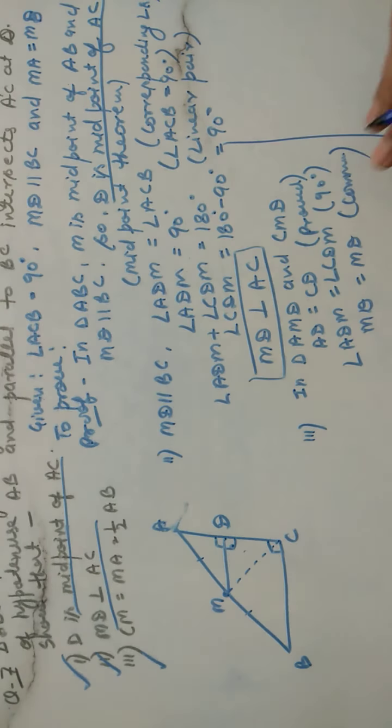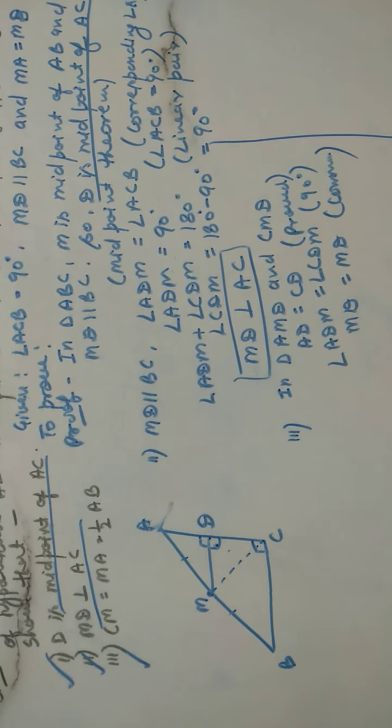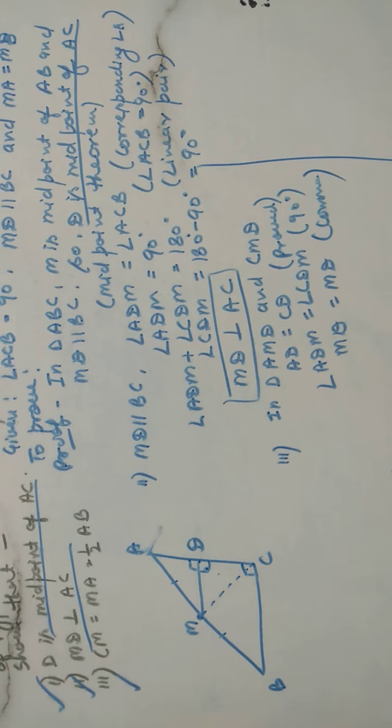If we are having these things, what can we conclude? We can conclude that both triangles are congruent, which means triangle AMD is congruent to triangle CMD. And what congruence criterion are we using here? SAS. This is compulsory.